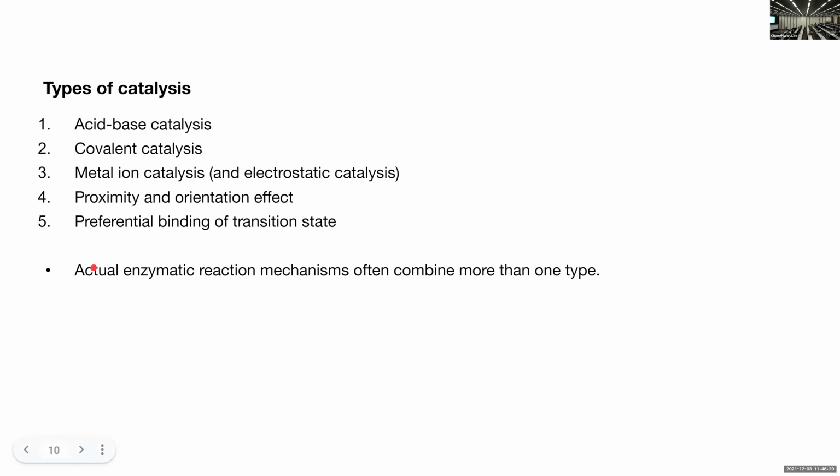And of course, that doesn't mean that one type of catalysis happens exclusively. You can always get 2 of them or multiple of them happening at the same time, but you still should be able to tell the critical differences between them and their definitions that you need to be aware of. So acid, base, covalent, and so on. The proximity and orientation effect is important too.